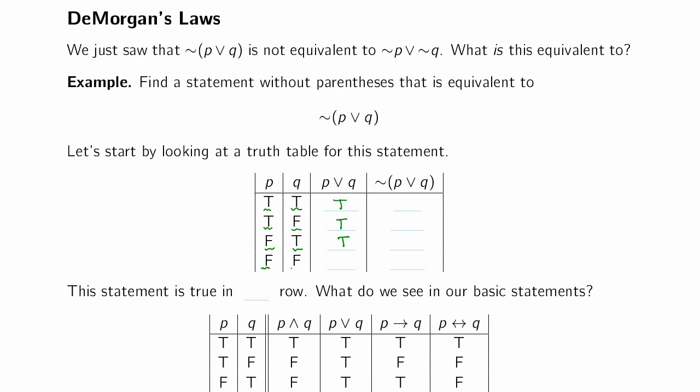And then false or false, they're both false, so the or is false. And then we negate that statement. So we'll look at this column and take the opposite of each truth value. Opposite of true is false. Opposite of true is false. Opposite of true is false. Opposite of false is true.